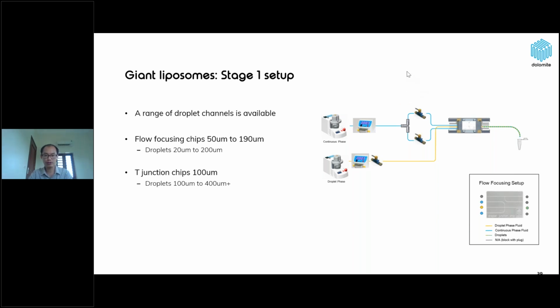A range of droplet chips is available for this application with different droplet sizes. For the flow focusing chip, we can make a 50 micrometer to 190 micrometer chip junction, and it can generate 20 micrometer to 200 micrometer droplets. We have the T-junction chip with a size of 100 micrometers, so we can make droplets from 100 micrometers to more than 400 micrometers.